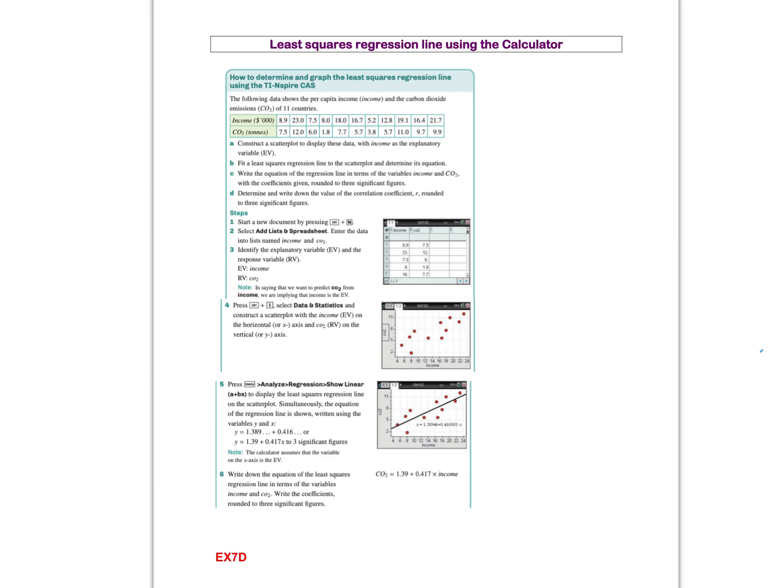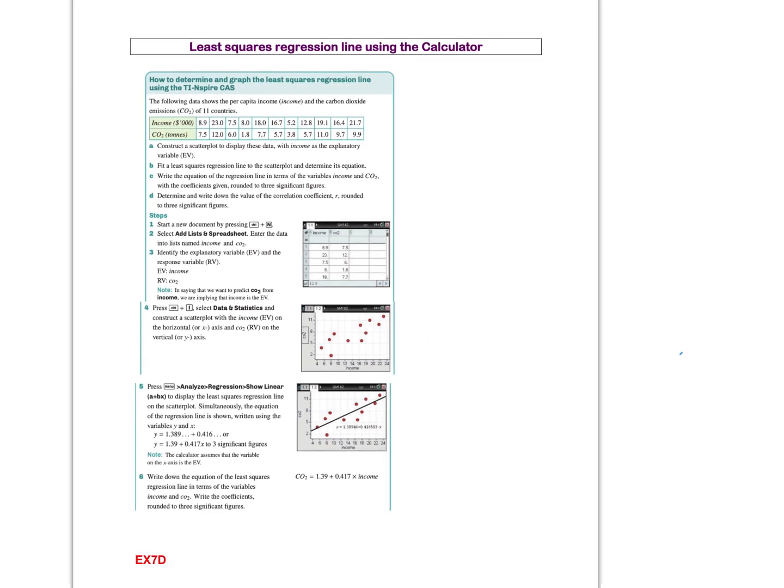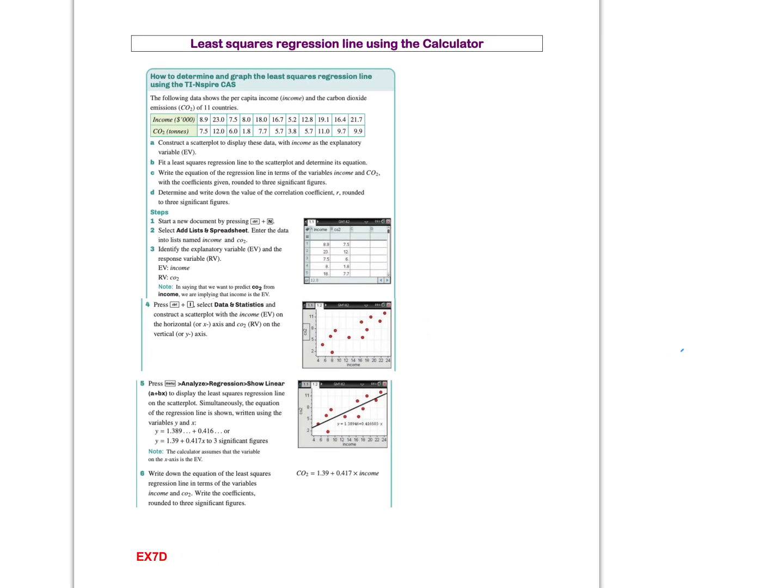They said construct a scatter plot with income as the explanatory variable. So we need to enter this in lists and spreadsheets, and we'll end up with our scatter plot like this. Income was the EV, so that means the carbon dioxide is the RV. And they want me to write the equation out.